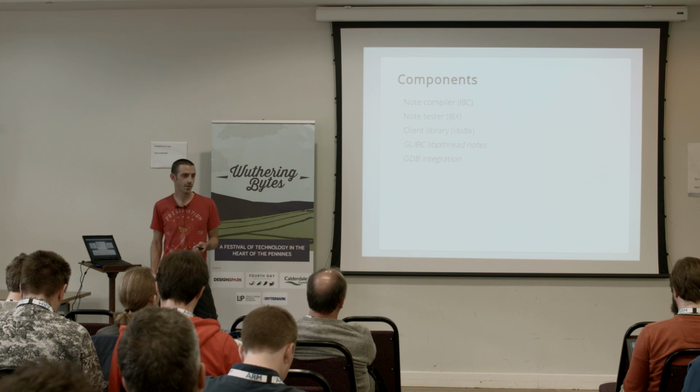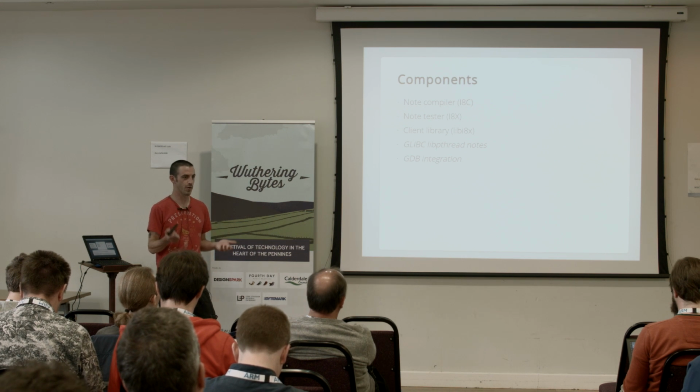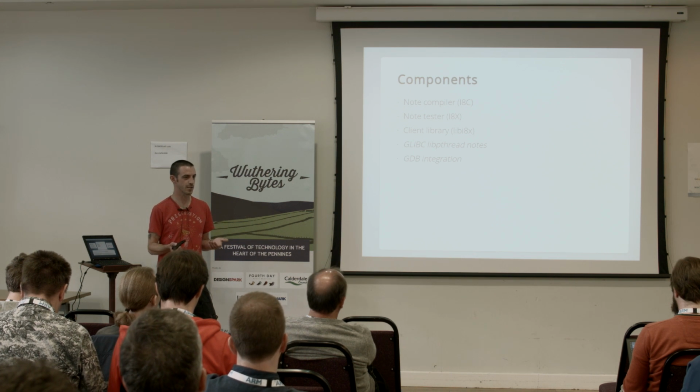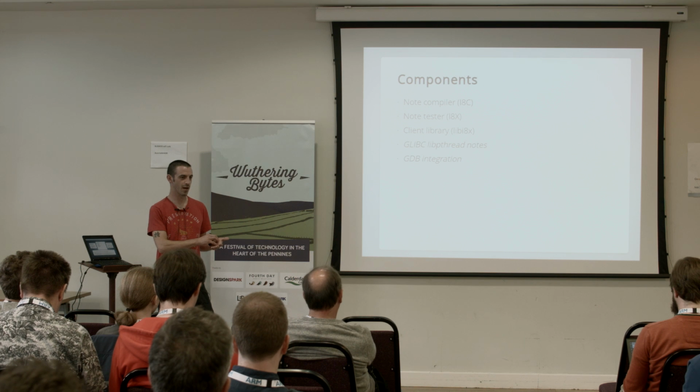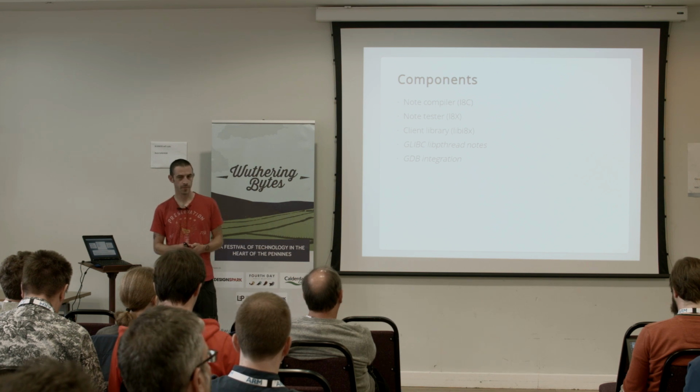Yeah, if somebody for whatever reason wrote their own application that had their own threading system, then they could put Infinity notes in their application, and as long as they followed the same API and ABI as what the debugger or the tool is expecting, then it should just work. Yeah, it's a tools issue, right?